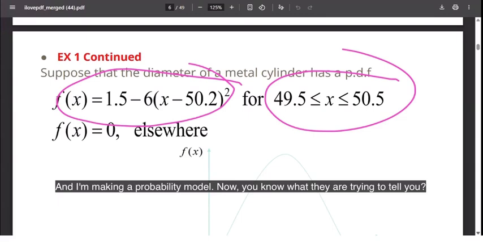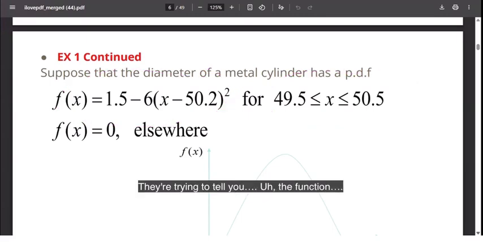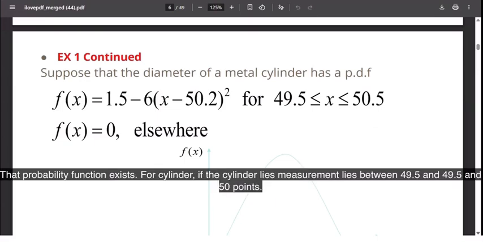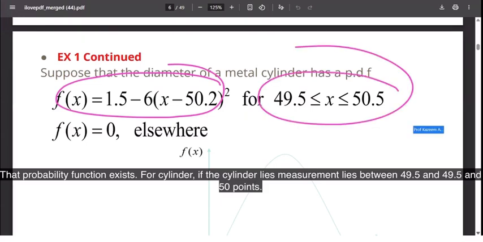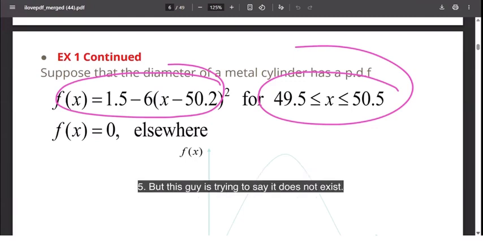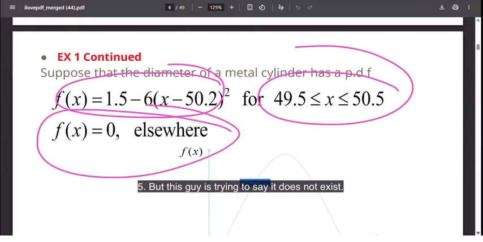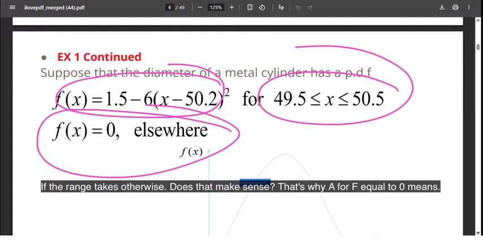Now, you know what they are trying to tell you? They're trying to tell you that the probability function exists for the cylinder if the cylinder measurement lies between 49.5 and 50.5, but it does not exist if the range is otherwise.